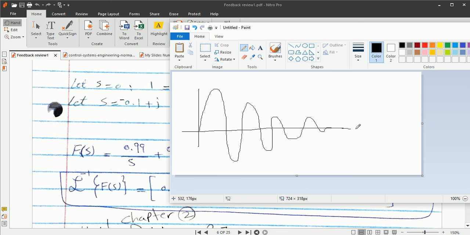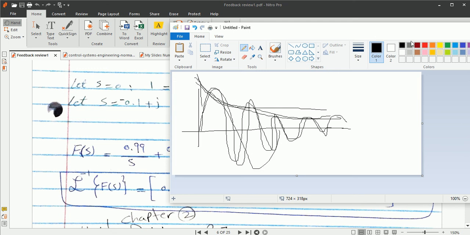So this is the response of the system. You can say it has two components: the decaying part and the oscillatory part. So your system basically consists of the decaying part multiplied by the oscillatory part.